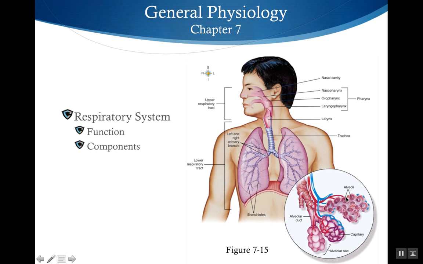The alveoli are grape-like little structures, as you can see here, and they have very thin walls. The thin walls of those alveoli have capillaries, and that network of capillaries is where the exchange of oxygen and carbon dioxide occurs. Table 7.7, you can look in your book, discusses several disorders of the respiratory system.